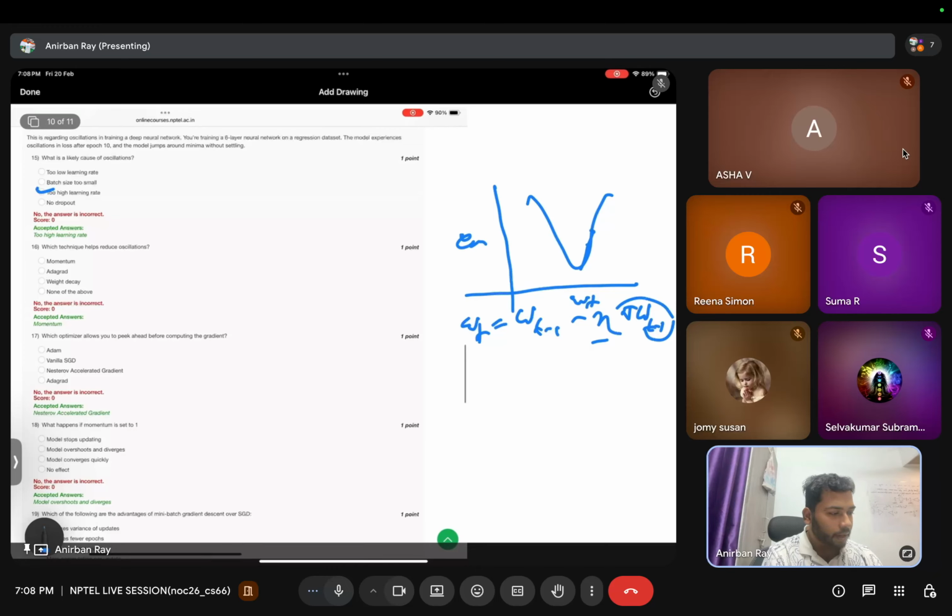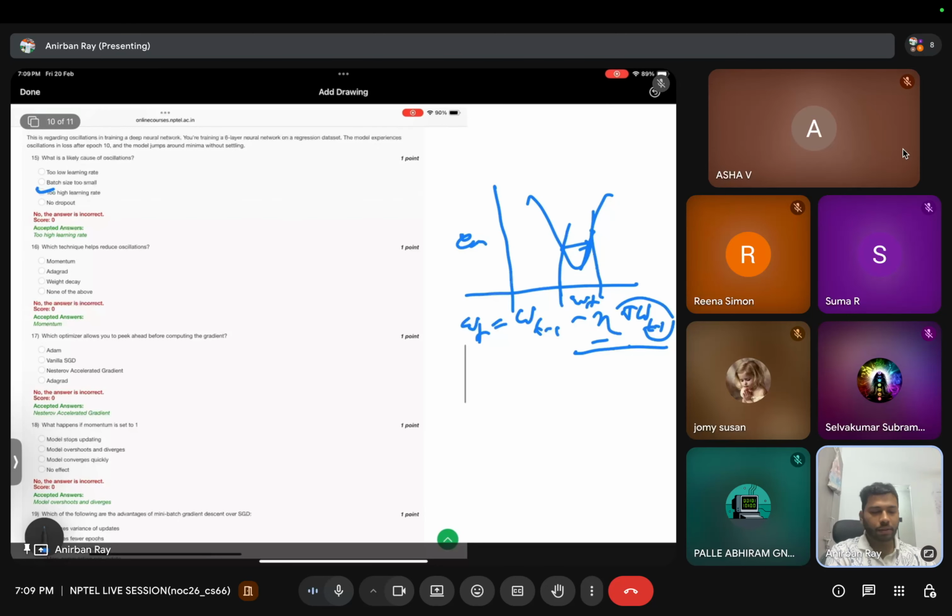It was previously here, let's say. Now it needs to go this side. The gradient is positive here, so we're subtracting something. Suppose this value becomes very large, then it will come here. Then it jumps. Again the gradient is negative and we're adding something, and if the addition is very large, it goes there. So that is the problem, and it depends on the learning rate. If the learning rate is too high, then it will jump. So a higher learning rate is the problem.